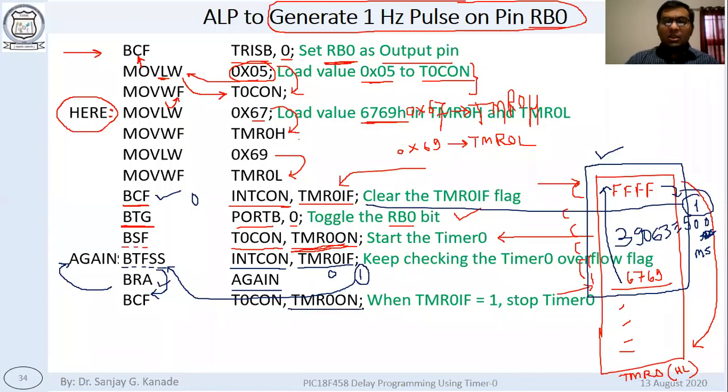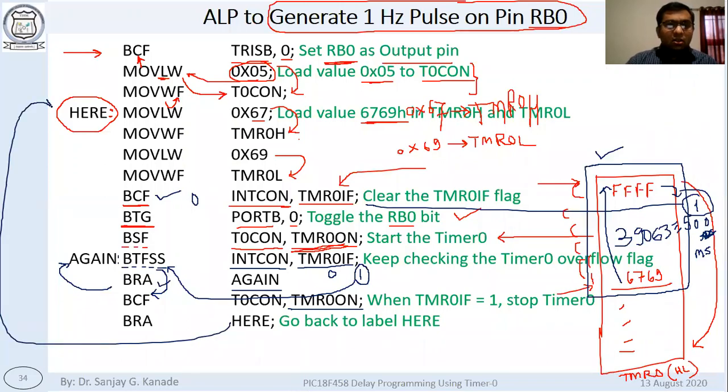We will stop the timer here and then just jump to here. What is this? We stopped the timer because the TMR0 value had become 00 on overflow. So we will stop it and we'll jump here, right? See, what is this instruction?